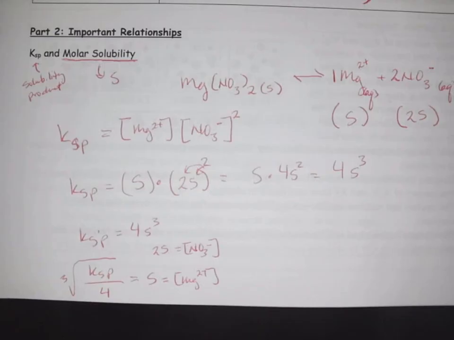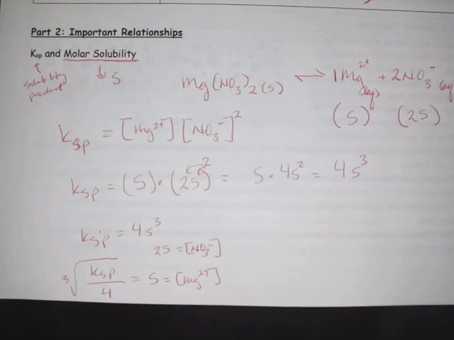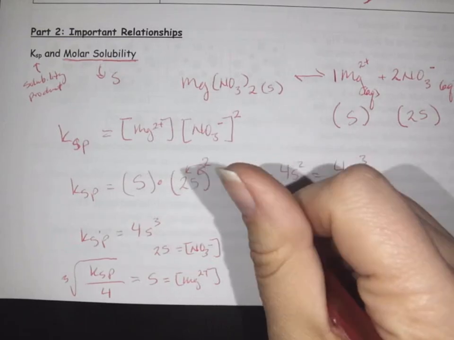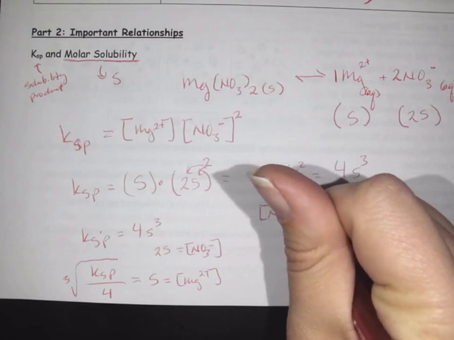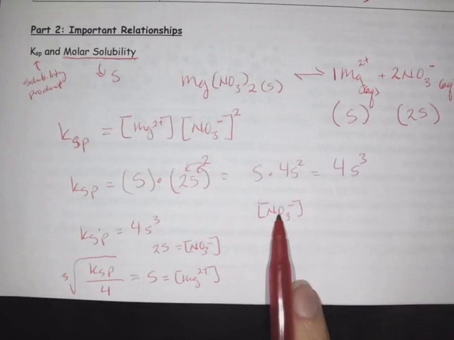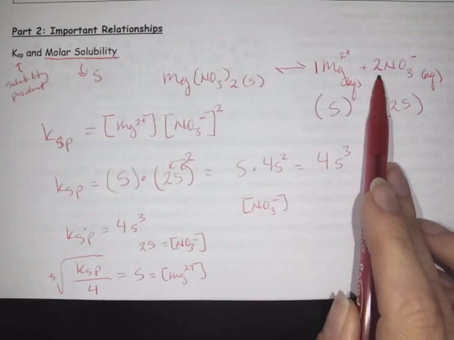Okay. Here's the other thing I've seen them do. Instead of giving you the KSP, sometimes they give you the concentration of either the magnesium or the nitrate. Let's go with the trickier one. Let's say they give you the concentration of nitrate. You have to recognize that the concentration of nitrate is going to be 2S because of that coefficient.